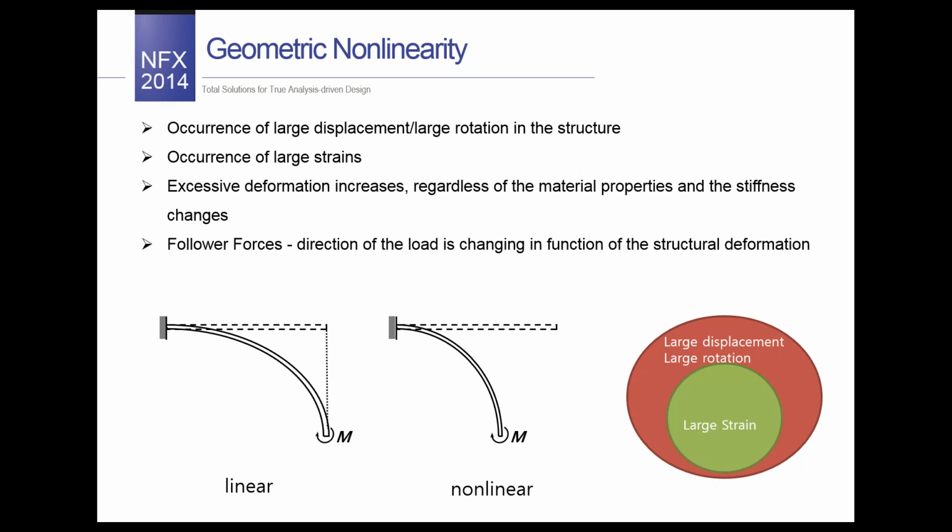Examples of this type of problem can be classified as follows. I would like to introduce the difference between small strains for the geometrical nonlinear problems and large strain cases, because this is actually the biggest problem.